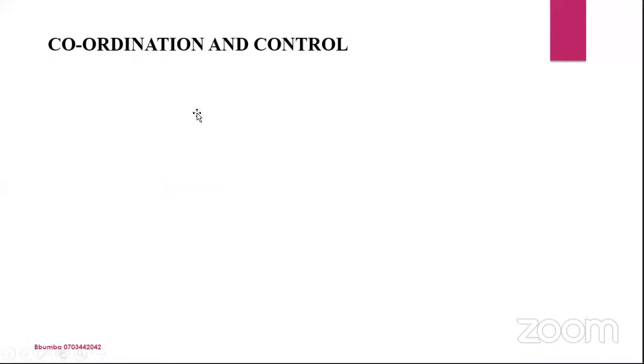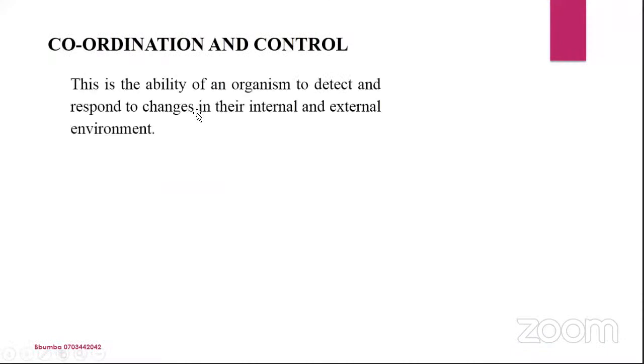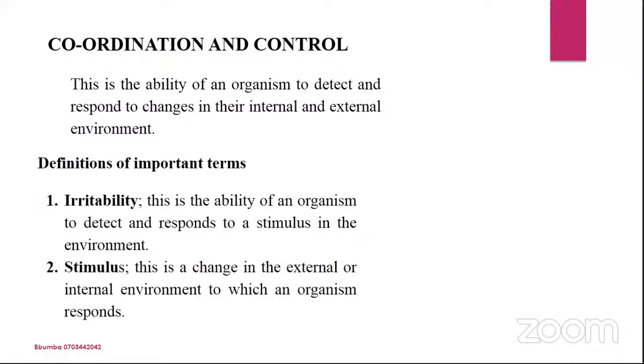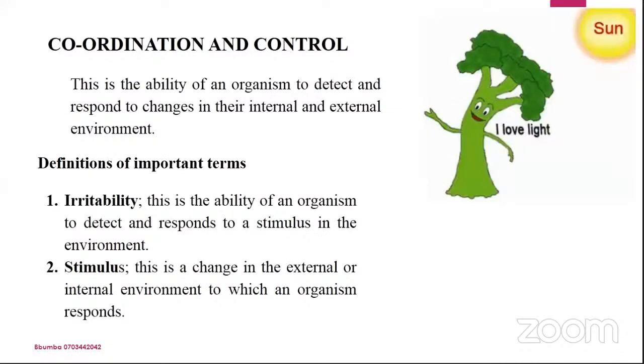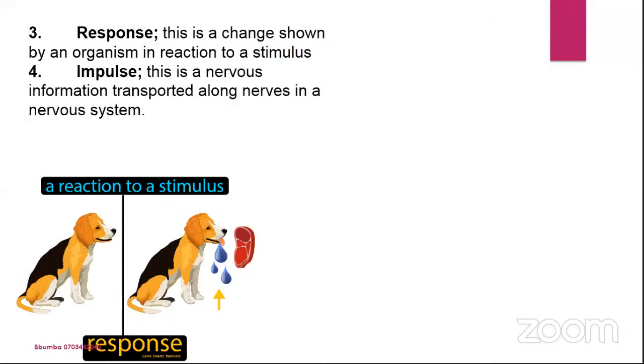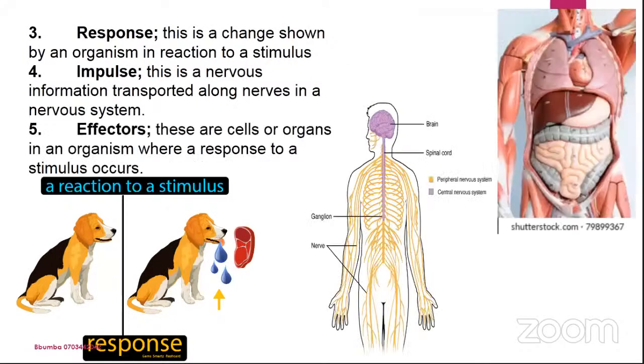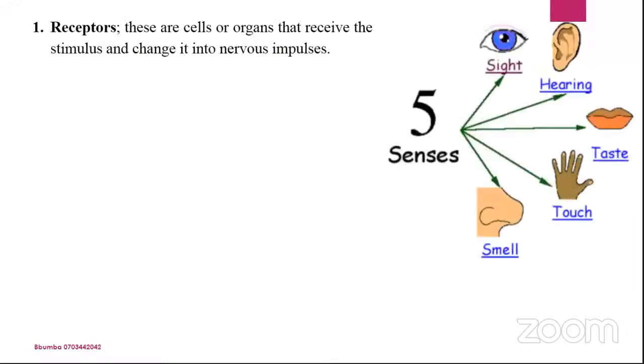We have been doing coordination and control, and first of all, we look at coordination in plants. Those were the first slides, the things we looked at in the first place.